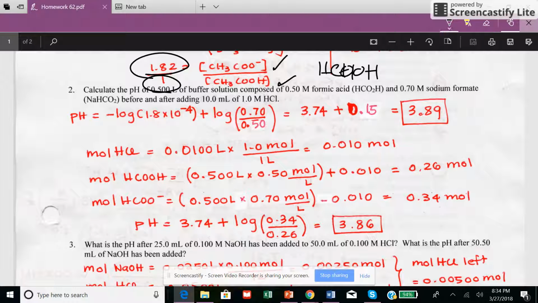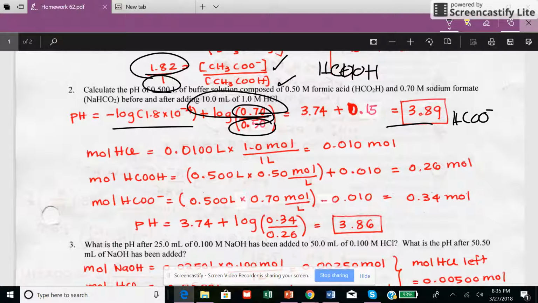Okay, so you have formate, HCOO. Okay, so now before you start the reaction, before you add this hydrochloric acid, you want to find the pH. That's easy because you just find the pKa of formic acid, plug in the concentration of the base, plug in the concentration of the acid, and then you have your pH 3.89.